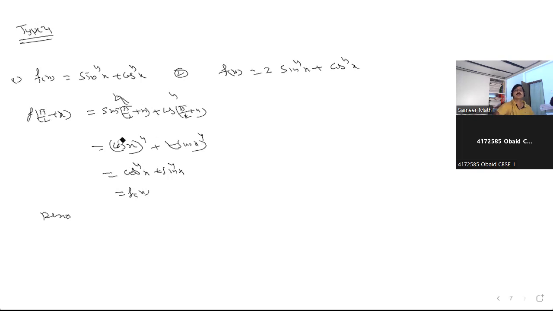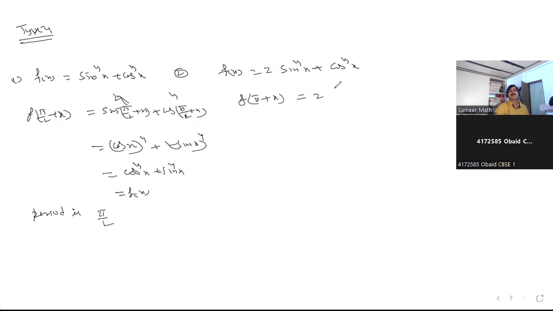here pi by 2. Whereas if you think that this is the same period and the same function, the power is the same, so no, sir, it will affect. You can't take pi by 2. If you take pi by 2, what happened? You will get 2 cos to the power of 4x and a sine. We won't get the same thing. But here, if you take pi plus x, see this?